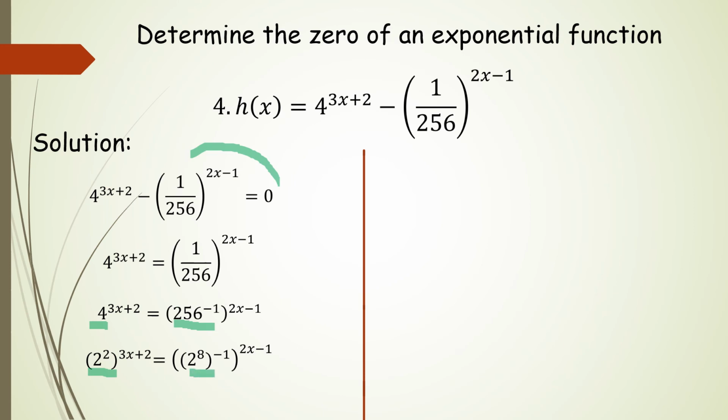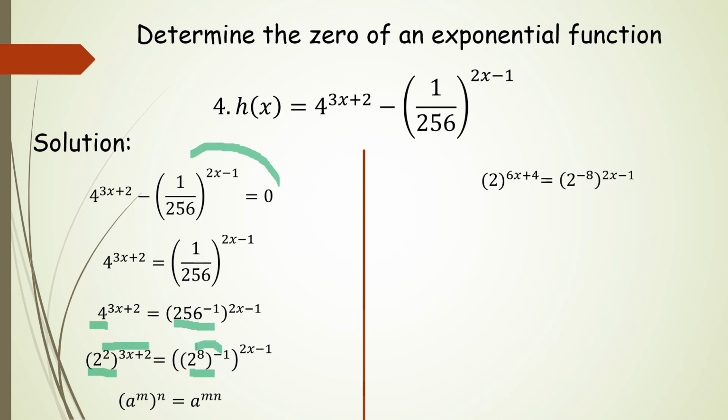So, parehas na sila ng base. So, using the law of exponent, the quantity a raised to m, raised to n is equal to a raised to mn. So, we distribute 2 sa exponent. We have 6x plus 4 and yung 8 sa negative 1.